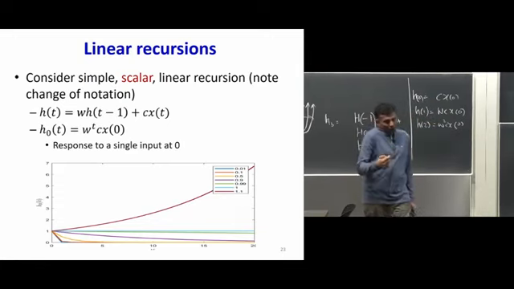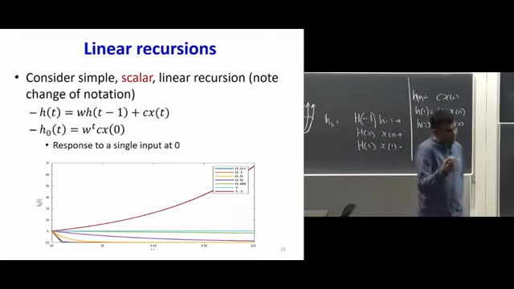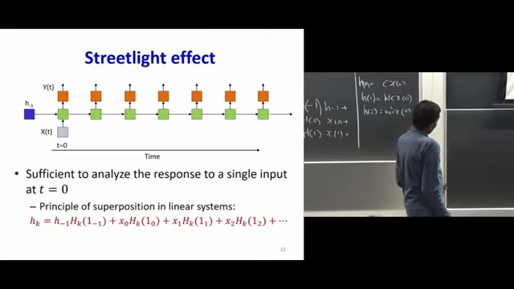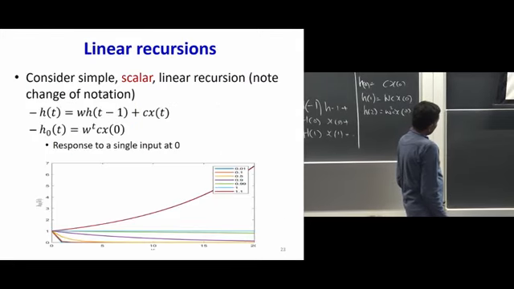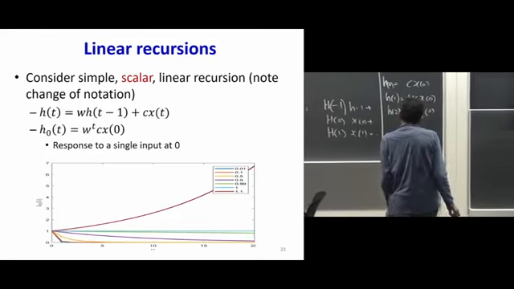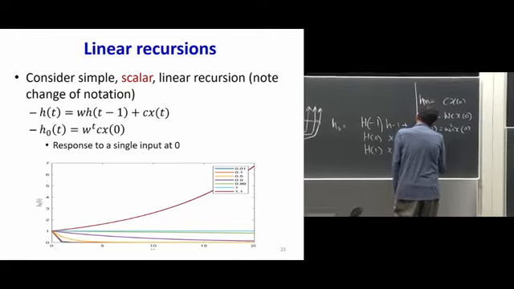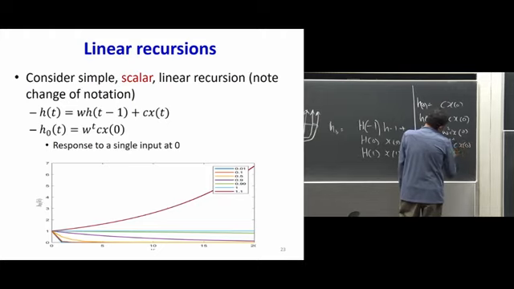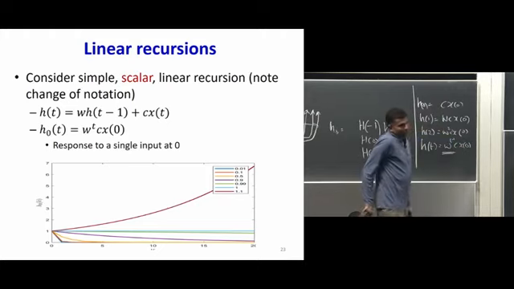So as I keep going down, if all I have is a single input out here, the hidden value at any time in general is going to be w raised to t minus 1 times c times x of 0. So this is all I really need to look at.